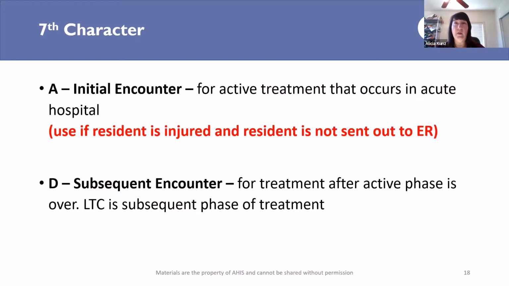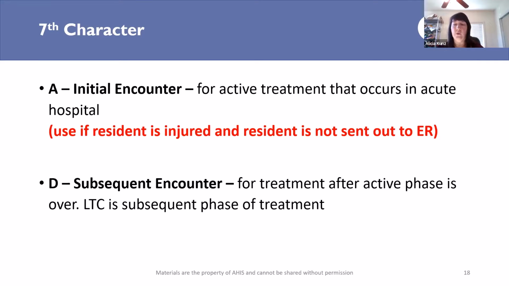And this is generally for your purposes. If you have a resident who gets injured and we don't send them out to the hospital, we're going to deal with it all in-house, we would use A. So the best example that I like to use is one of my facilities had a resident who had pain in their shoulder, and they didn't send them out. They had a portable x-ray come in, take their x-ray, and determine that they had a fracture of the clavicle.